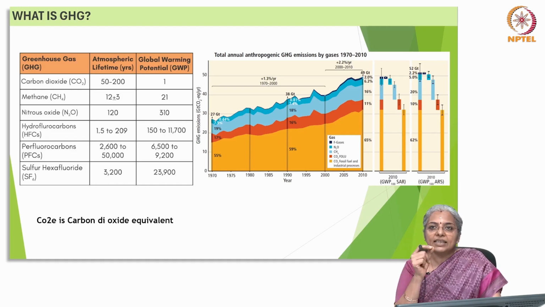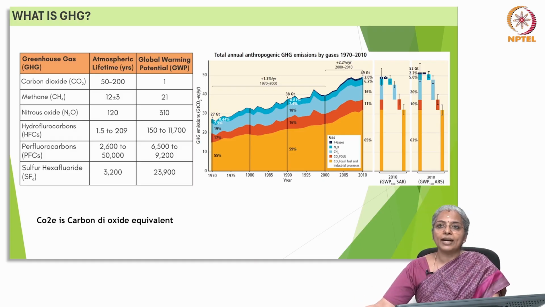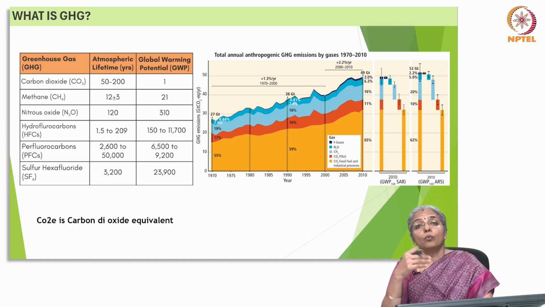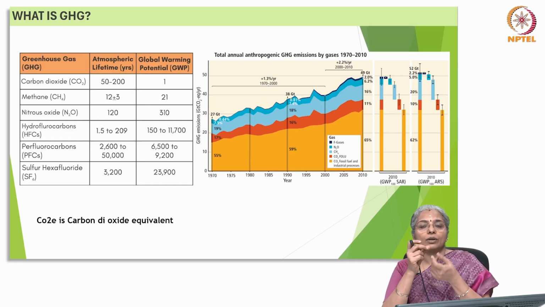Also, synthetic and potent greenhouse gases like hydrofluorocarbons, perfluorocarbons, sulfur hexafluoride and nitrogen trifluoride are released from various applications, which have a very high global warming potential and also have the characteristic of trapping heat.